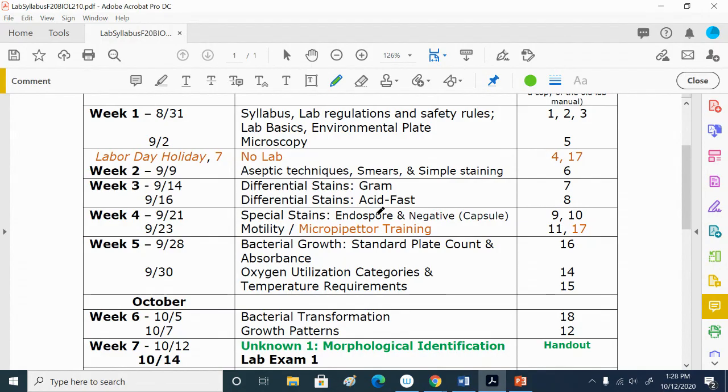What is the function of a capsule? What does a capsule do for bacteria? Protection.